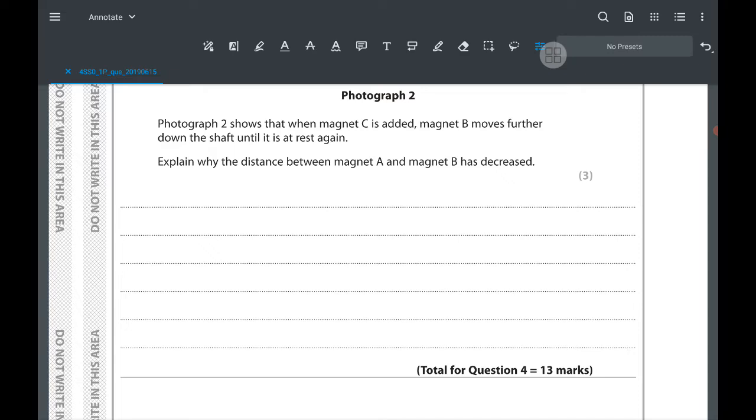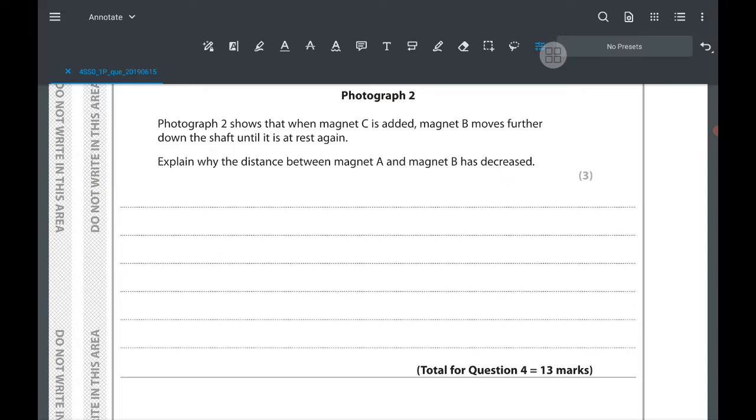Then it will come to an equilibrium again, so that it will stay stationary there. But here what they say is magnet A and magnet B, the distance in between those two has been decreased. The main reason is magnet C is applying a magnetic force on magnet B.